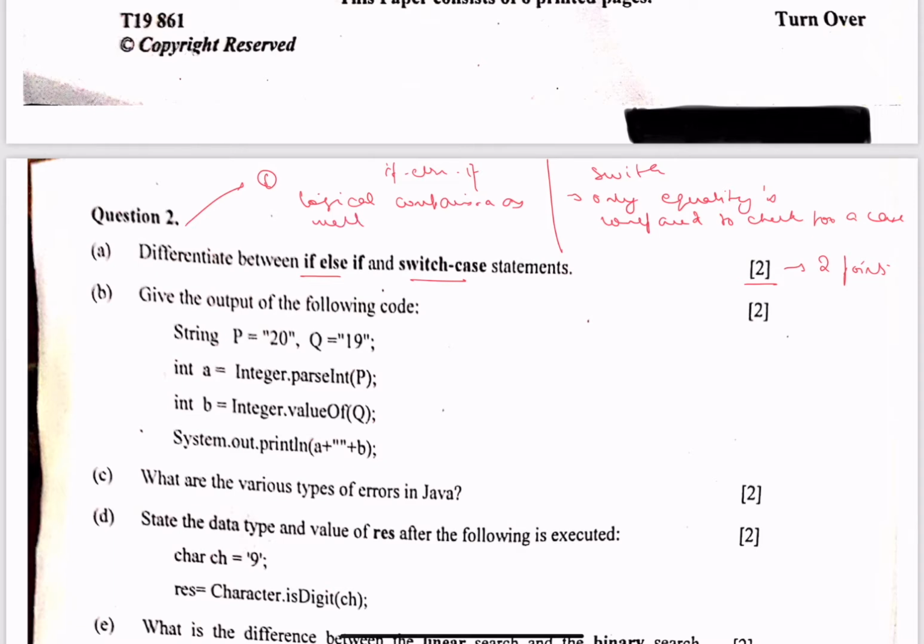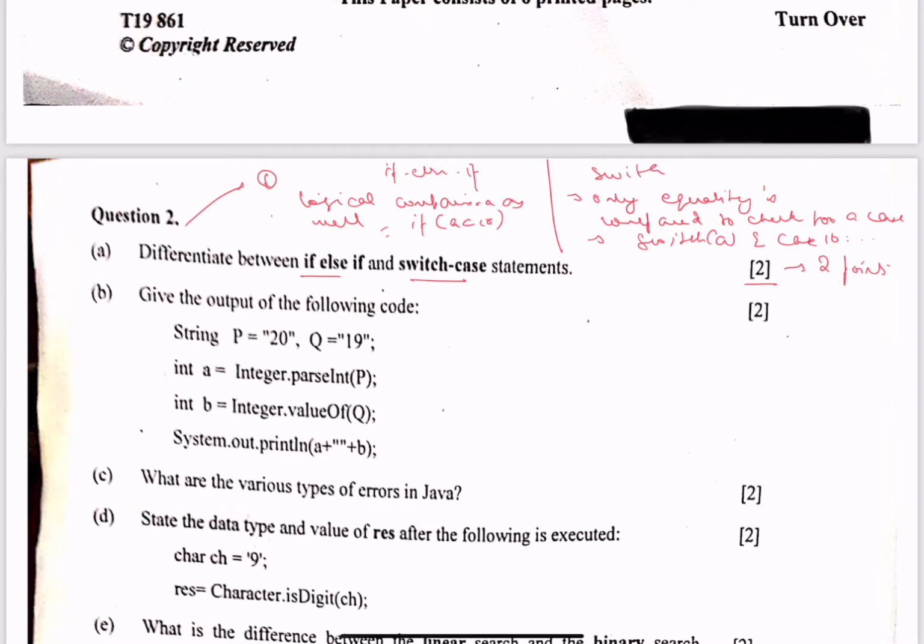For example, you can have here something like if a is less than 10 and a is an integer, but here you can have only something like switch a and then case 10.